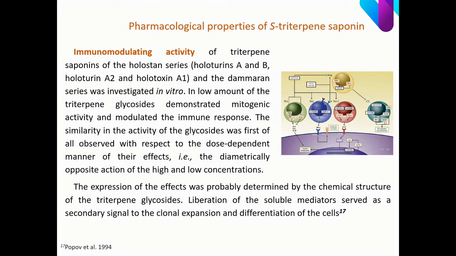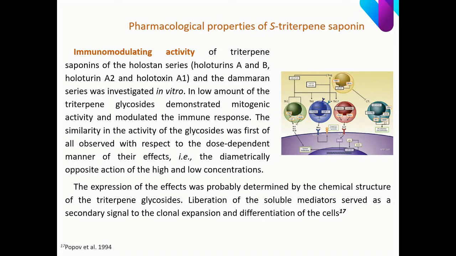In low amounts, the triterpene glycosides demonstrate mitogenic activity and regulate the immune system. The similarity in the activity of glycosides was first of all observed with respect to the dose-dependent manner of their effects, the diametrically opposed action of high and low concentration.